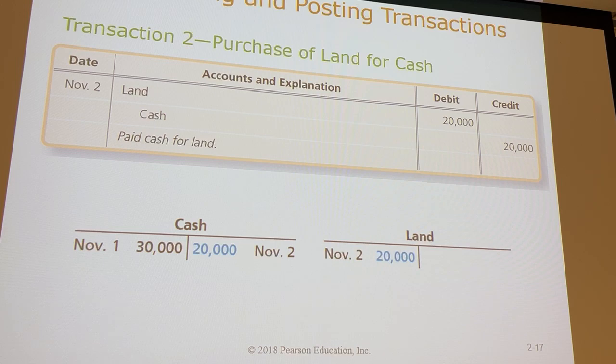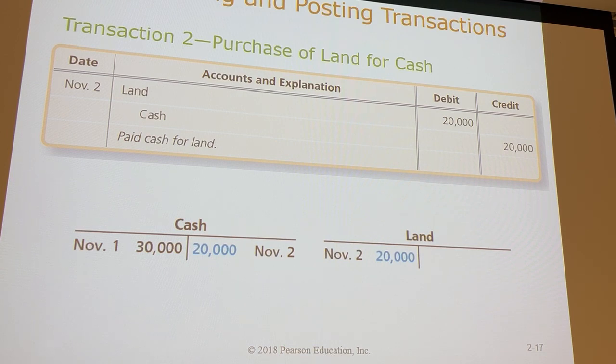So now we can prepare our journal entry. We show the debit to land, $20,000, and we show the credit to cash to show it going down, $20,000. And for the explanation, we say paid cash for land.